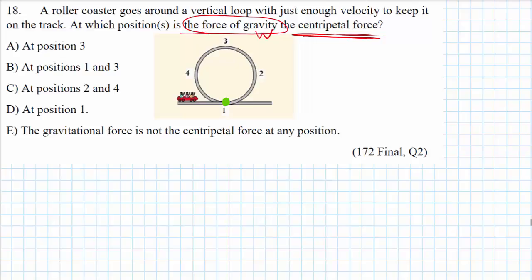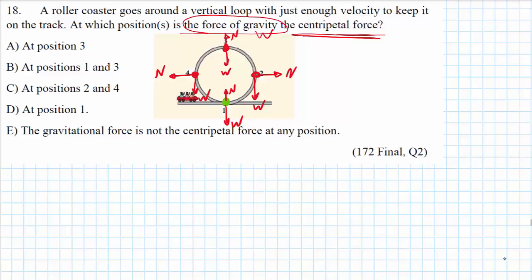In position number 1, the forces are weight downward and normal reaction upward. In the third position, we have weight downward and normal reaction upward. In number 4, the weight will be downward, the normal reaction is perpendicular to the surface. In number 2, we have the weight downward and the normal reaction perpendicular to the surface. So what is the direction of the centripetal force?